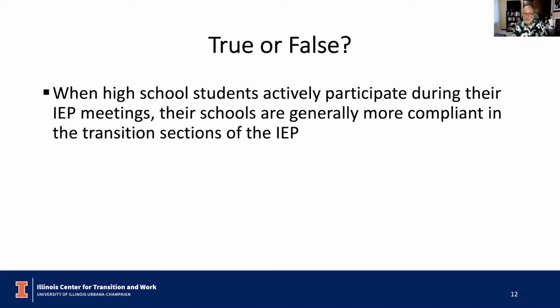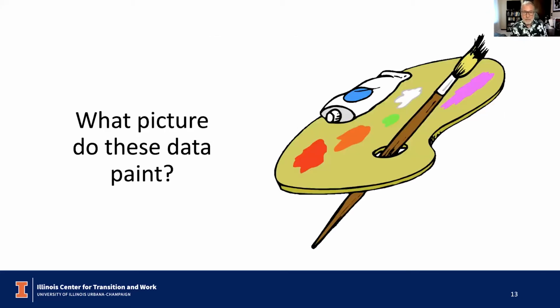Are they more compliant? What do you think? And the answer is yes, they are. Wow. So as students talk more, the IEP becomes improved and better reflects a true transition meeting.